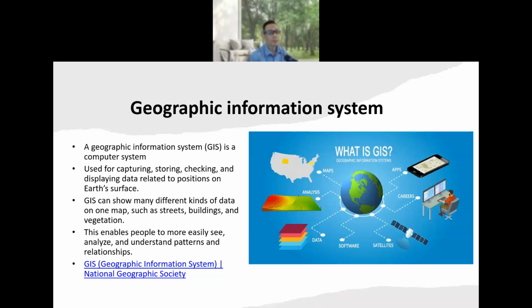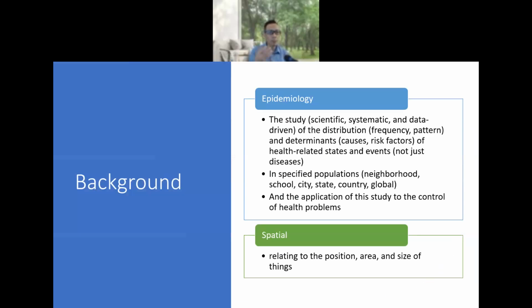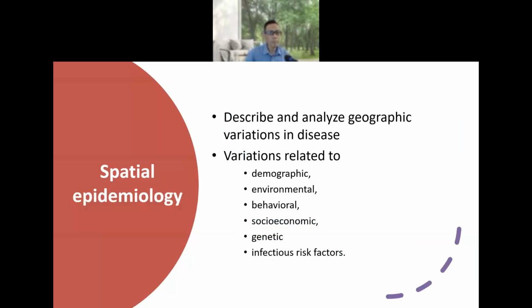Google Map itself is not a GIS, but the system is GIS. But spatial epidemiology is about position, area, size of things related to the epidemiology of certain diseases or certain health-related states.